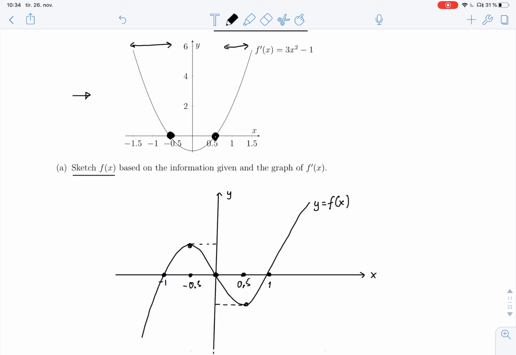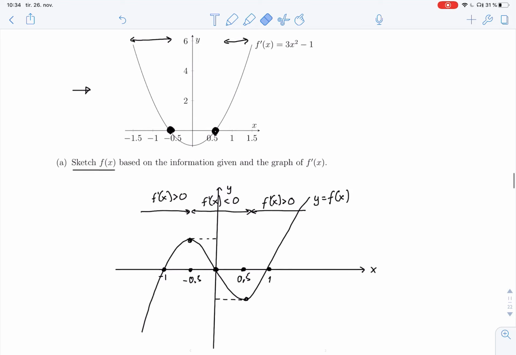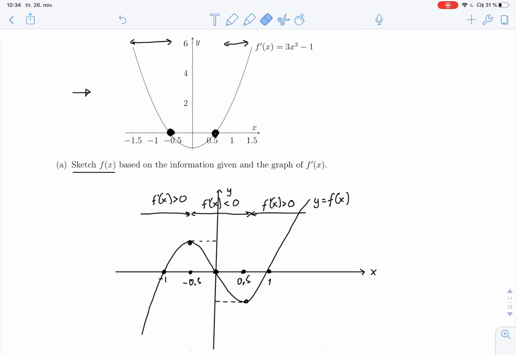And also, in this interval, we have a positive derivative, so the graph needs to go up. In this area, the derivative is negative, and then it is positive again. We don't have to limit the graph. Okay, so this is basically what we need to get full points in A.